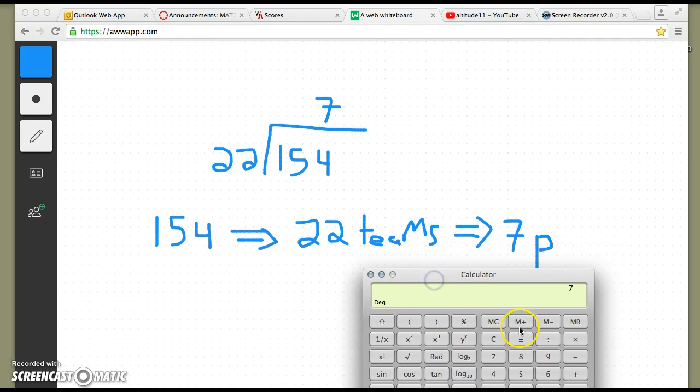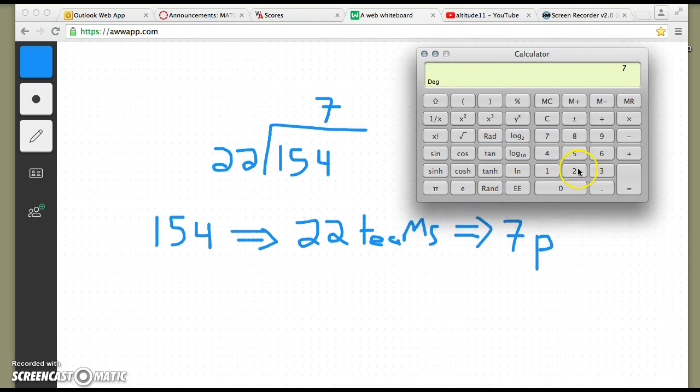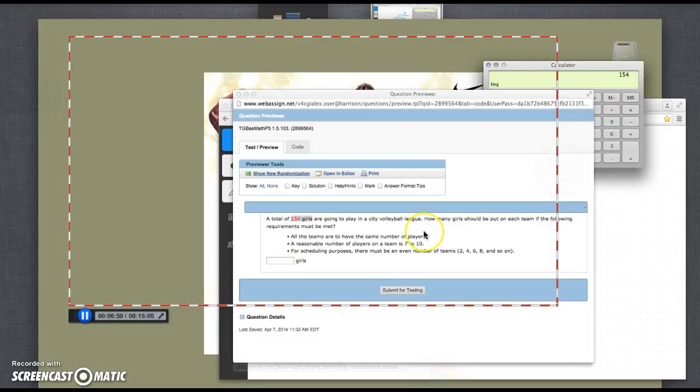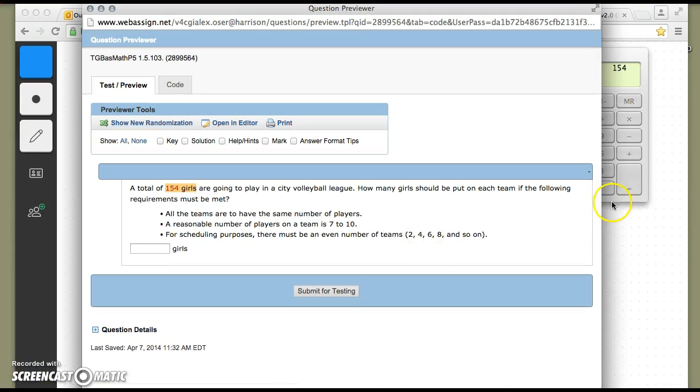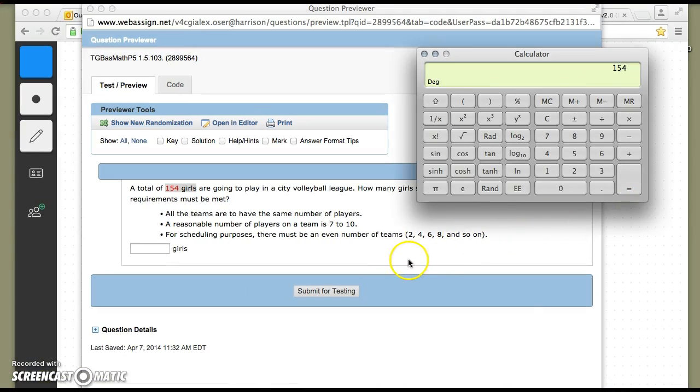You can double check with multiplication here. 22 teams times 7 players apiece is 154. And just to make sure that that is okay for all of the particulars of this problem: all the teams have to have the same number of players, and they're all going to contain 7 players.